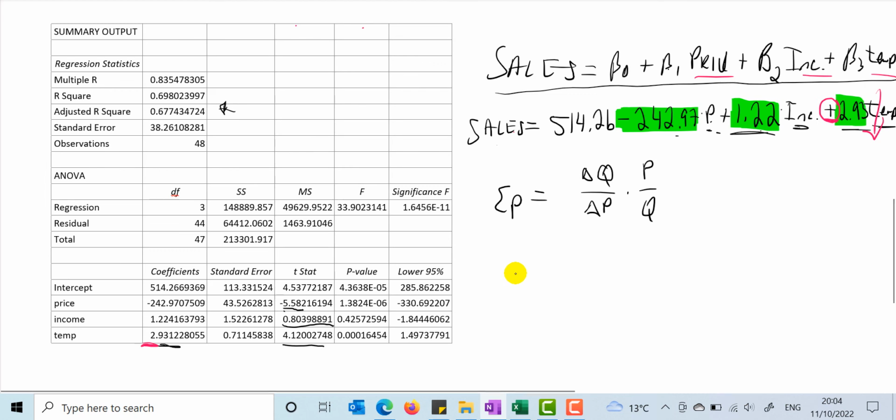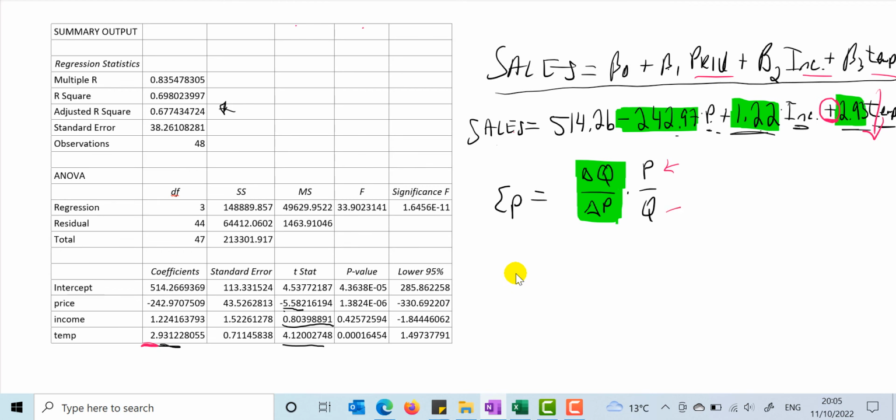So what's needed here are the values for this ratio. Given that we have P and Q, we can estimate this ratio, and usually that is the coefficient of the price.